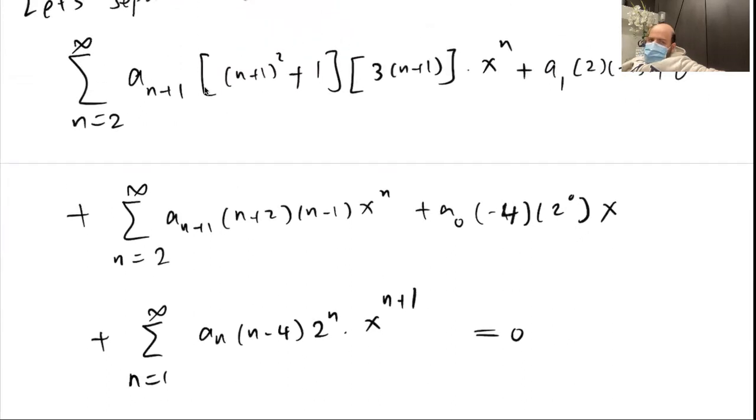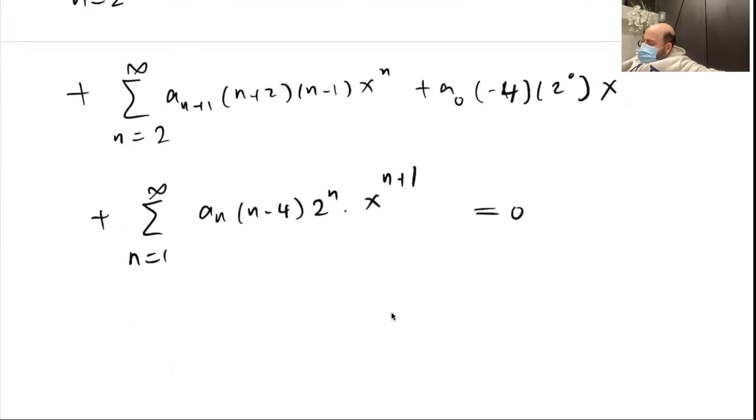Now here I have something times x to the power n from 2 to infinity, but this one is something times x to the power n plus 1 from 1 to infinity, which can be easily matched with these two. I just need to replace n with n minus 1, and then the power becomes n, and the starting index will be 2, because if I change n to n minus 1, the starting index will be shifted 1 unit to the right.